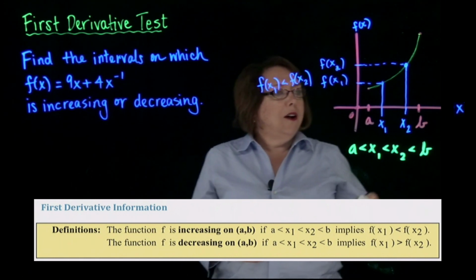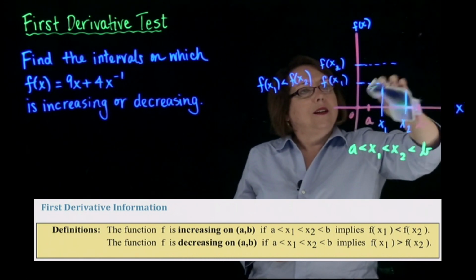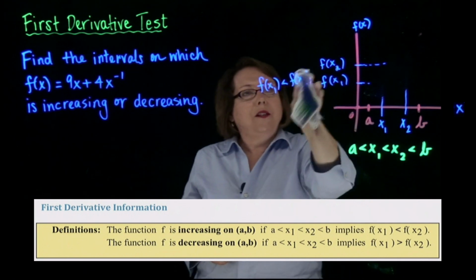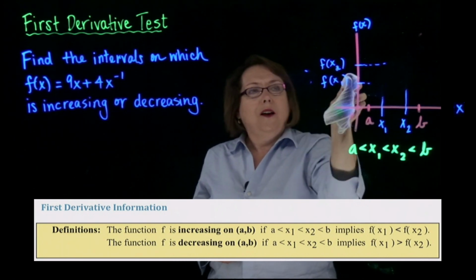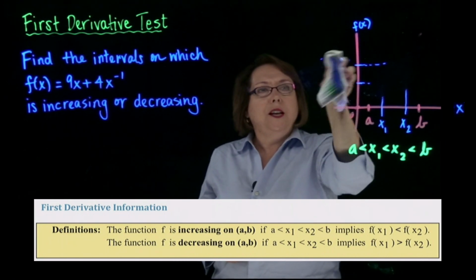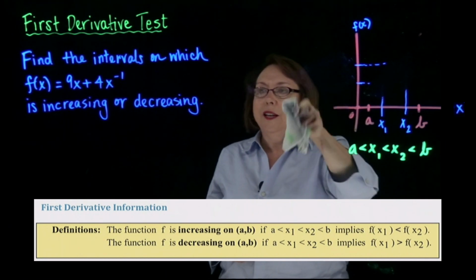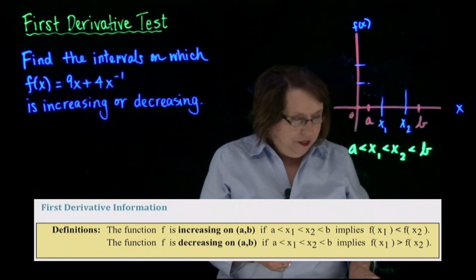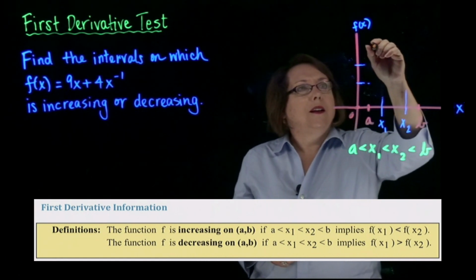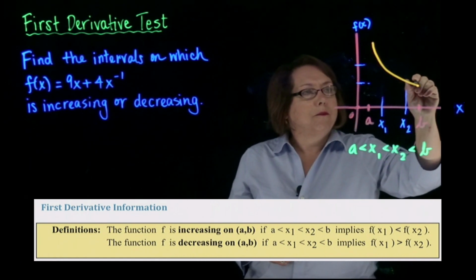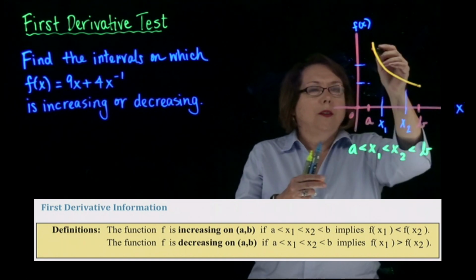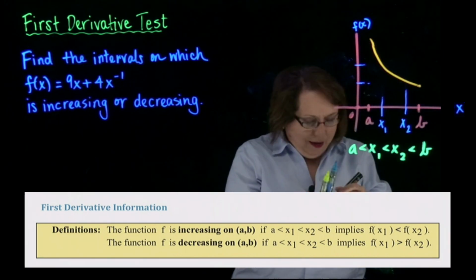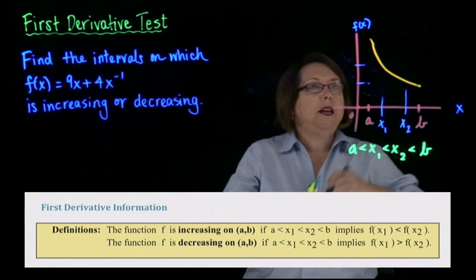Let me erase now and talk about the other situation. What happens if a function is decreasing? All right, so let's make our function going in this direction. And again, let's go ahead and mark a and b.